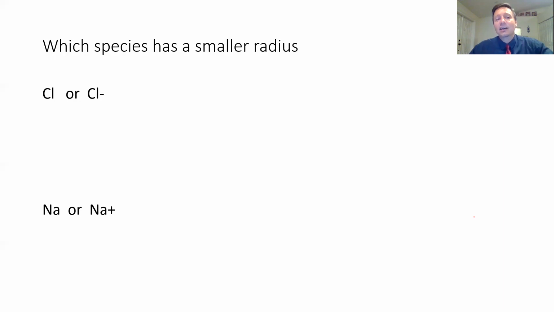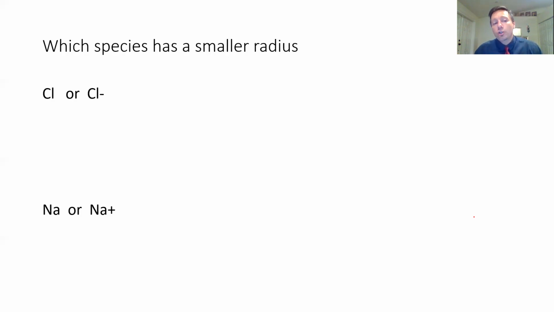In this case, this is larger. You look at sodium and the sodium cation, it's the opposite because you're dealing with a metal versus a nonmetal. So the ion form of a nonmetal's radius is larger. The ion form of a metal is smaller.